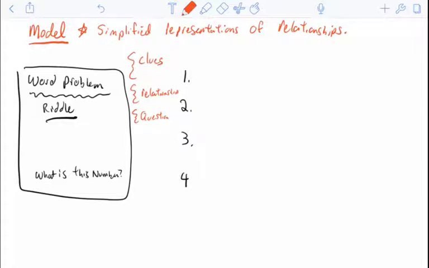Okay? And so the idea here is we're going to use algebra. Part of solving these word problem riddles is parsing the paragraph to figure out what the clues are, what the relationship is, and then what the question we're trying to answer is. So there's a big part of this that comes down to interpretation. Sometimes it's tricky to interpret a question, and you find yourself spending a little bit of time interpreting it.